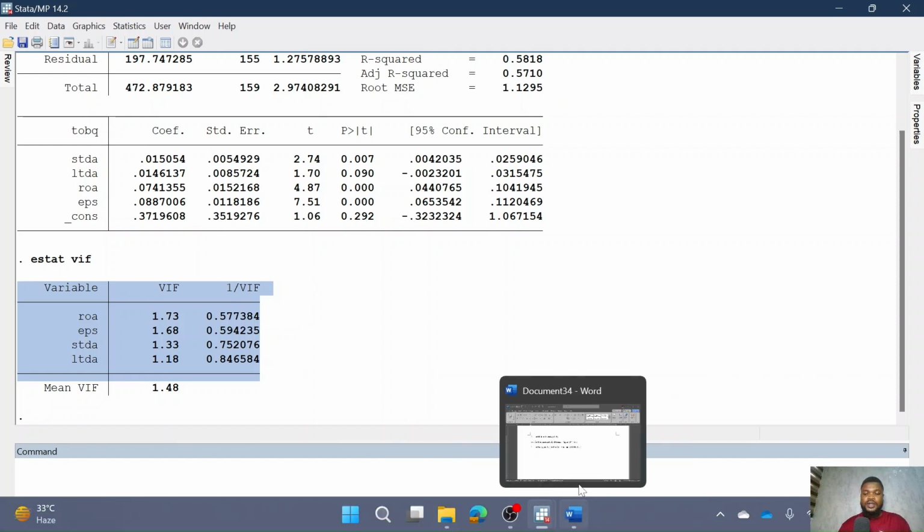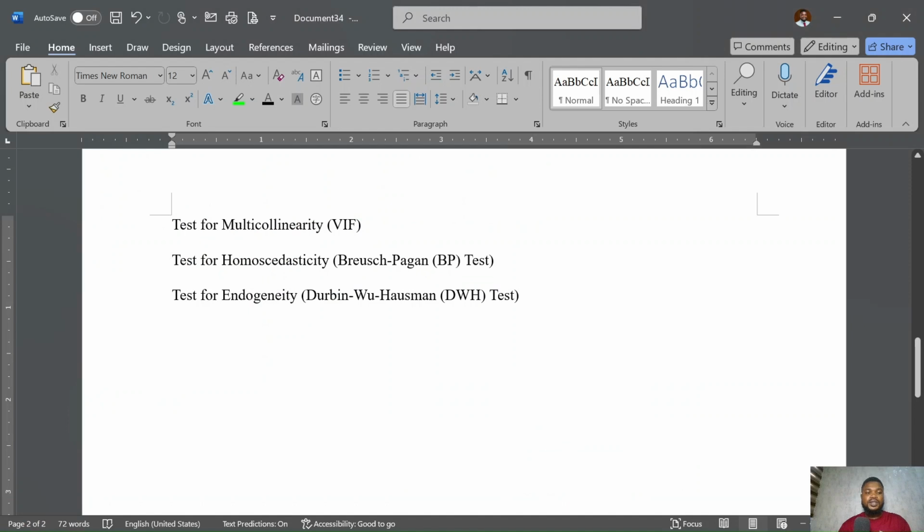Next, we want to diagnose the problem of homoscedasticity, if we have met this assumption. Now, the homoscedasticity assumption refers to a situation where the variances in the error terms of our cross-sectional entities are constant.